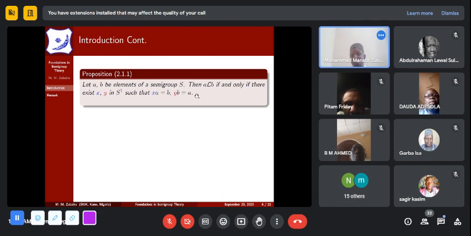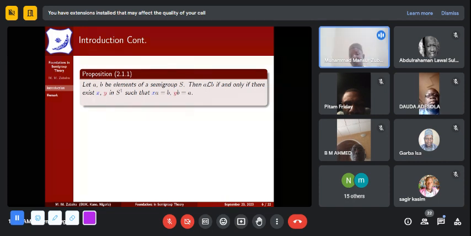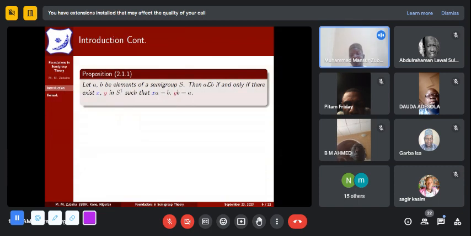So instead of using the previous definition, one can actually use this proposition, because you can see here we are using arbitrary elements. If you can have X, Y in S1 such that this happens for any A and B in S, whenever this happens, we can claim that the other definition holds.